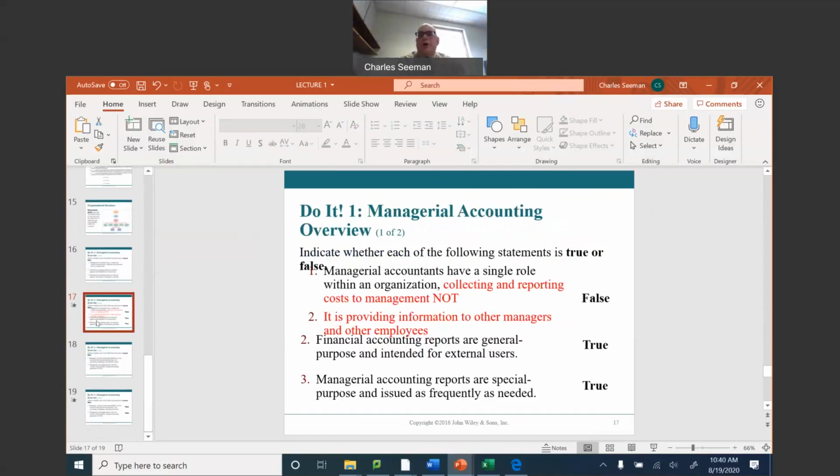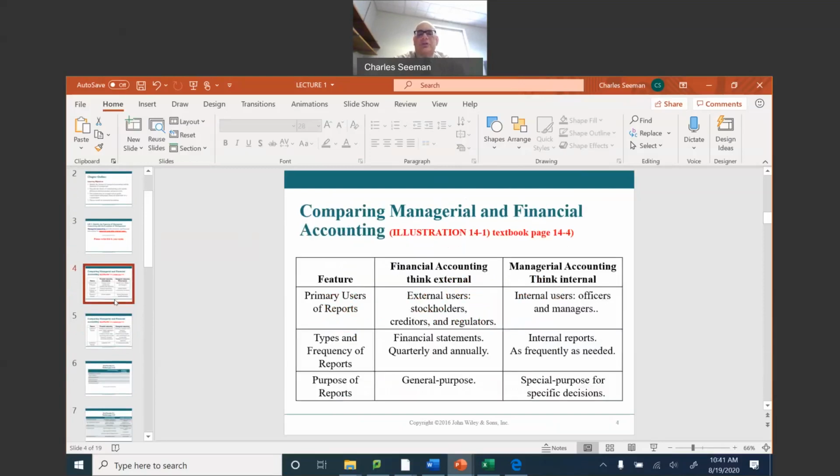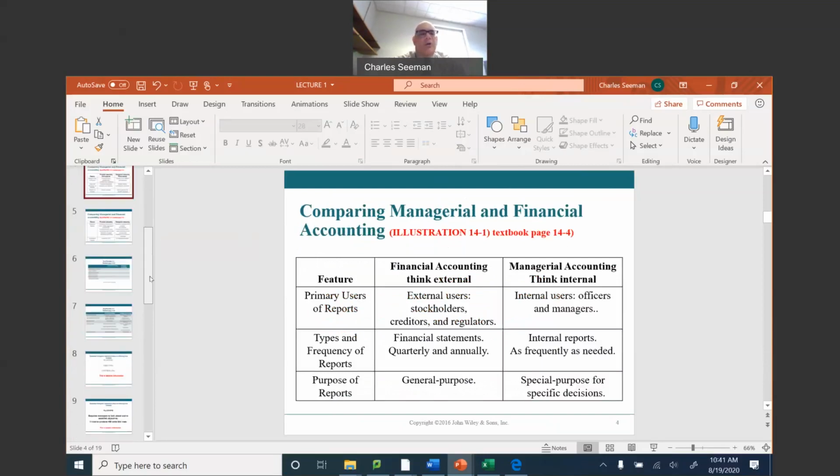Financial accounting reports are generally general purpose and intended for external use. That is a true statement. Managerial accounting reports are special purpose and issued as frequently as needed. That is also a true statement. If you got it wrong, go back to this table on 14.1 and look at why you got it wrong.